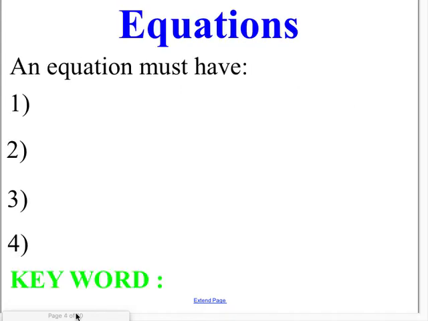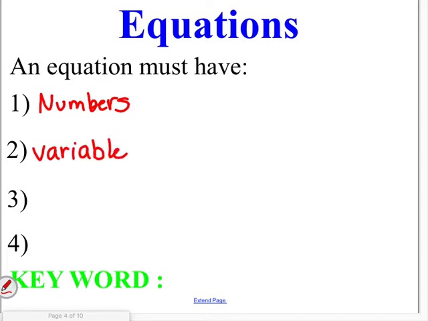So, in order to have an equation, we need to have three things. Similar to what we have for an expression, we need numbers. We need some sort of variable. Remember, that's a letter that stands for something that we don't know. We need an operation.